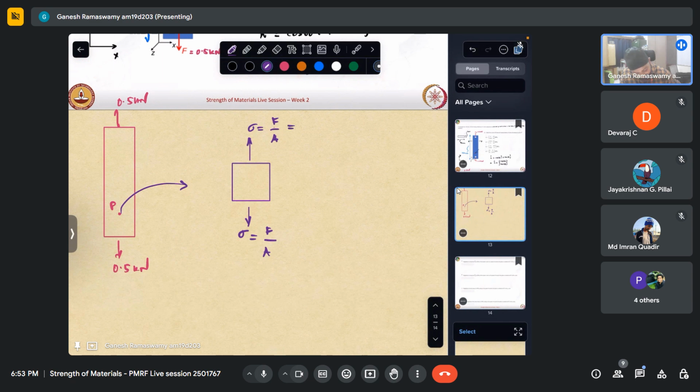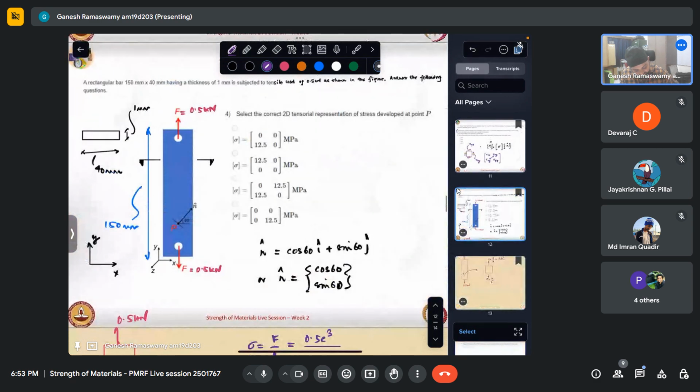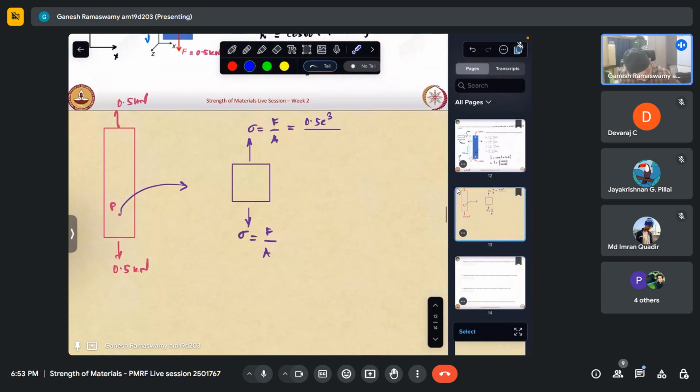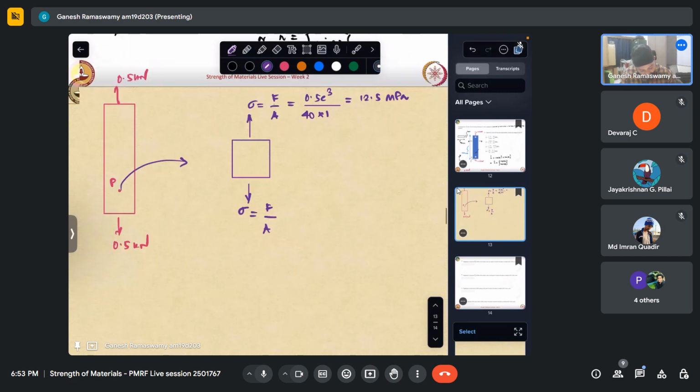So F is 0.5 kilonewton divided by, what is the cross sectional area? Cross sectional area is the area of this rectangle, which is nothing but 40 into 1. So we have it as 0.5 kilonewton by 40 mm squared. So this is 12.5 MPa.